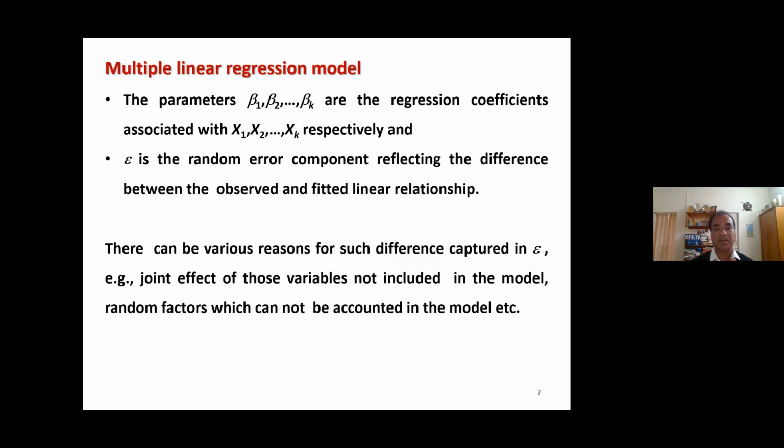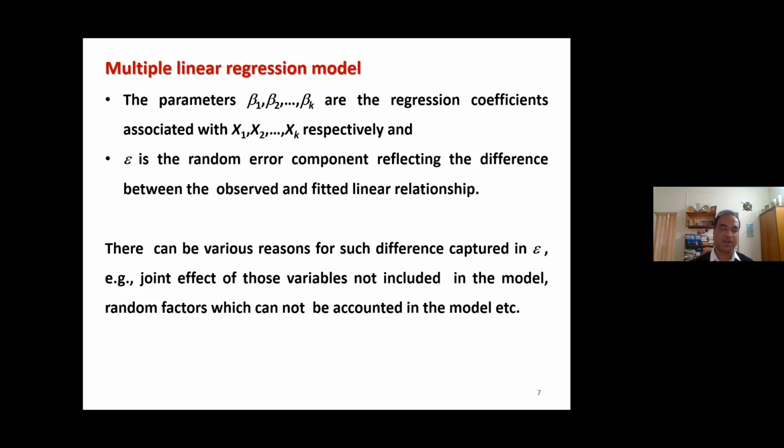And epsilon is the random error component that gives you an idea about the randomness involved in the experiment and in the model. Right, so there is no issue. Earlier you had assumed epsilon is trying to capture all those effects which you cannot handle.